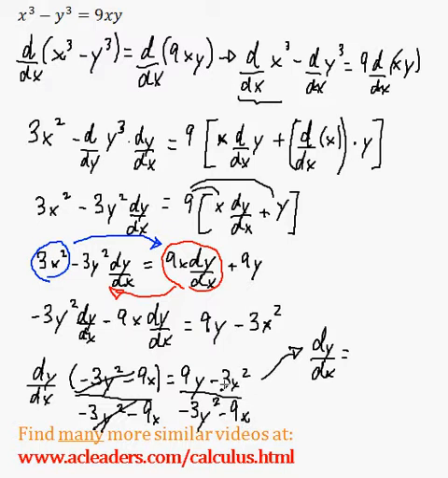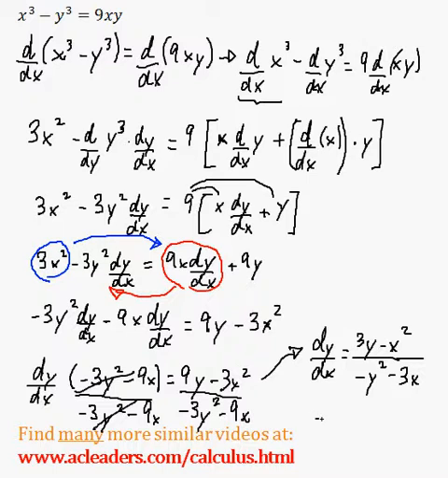However, I want to divide top and bottom of the fraction by 3 to make things look nicer. So that's going to be 3y minus x squared all over negative y squared minus 3x. And that is our final answer.